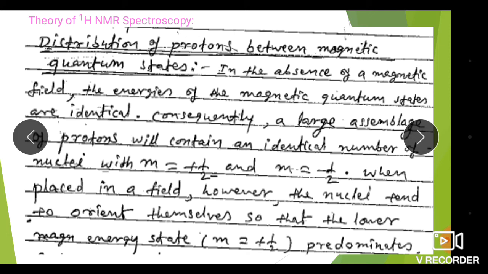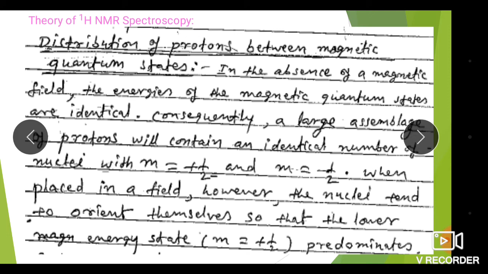Now, the distribution of protons between the magnetic quantum states. In the absence of a magnetic field, the energies of the magnetic quantum states are identical. When you are not applying the magnetic field, the energy states are identical.